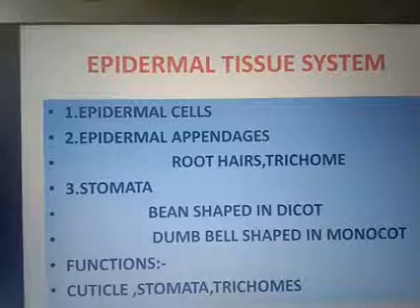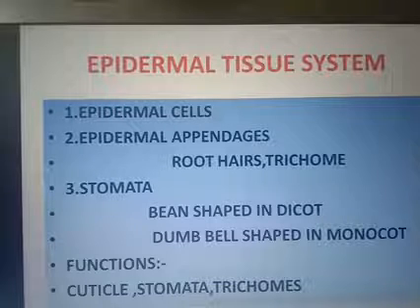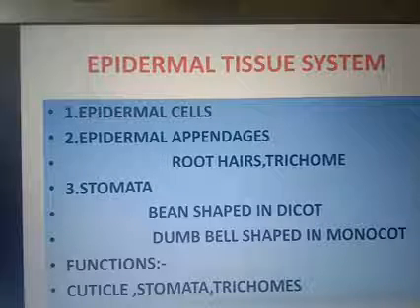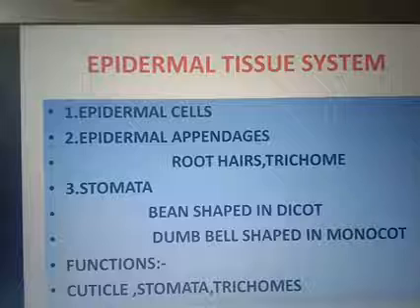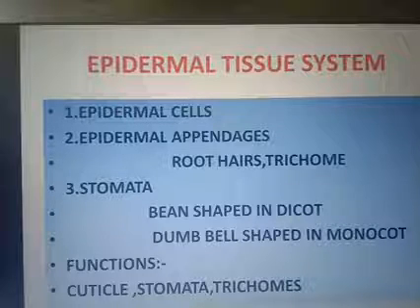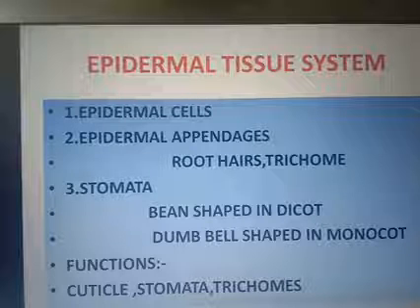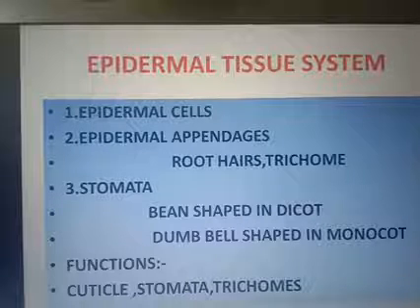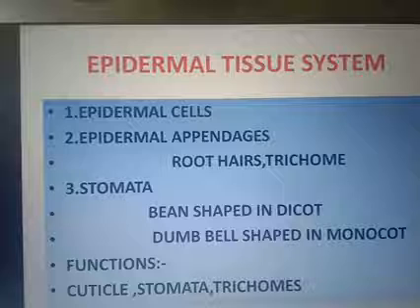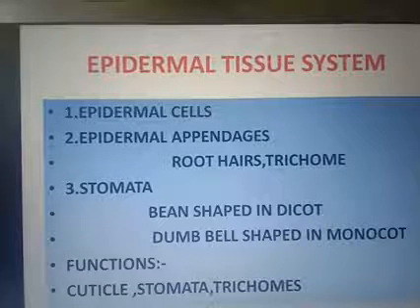In green leaves and stem, minute openings are present in the epidermis, and they facilitate gaseous exchange. That small pore is the stomata. Stomata are guarded by guard cells. The guard cells are bean-shaped in dicots and dumbbell-shaped in monocots.